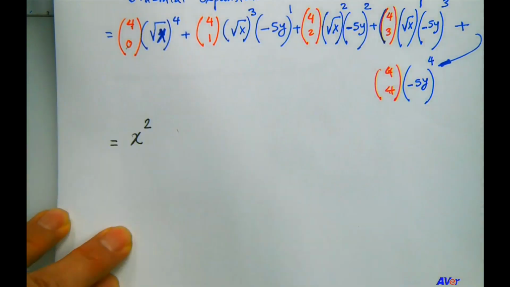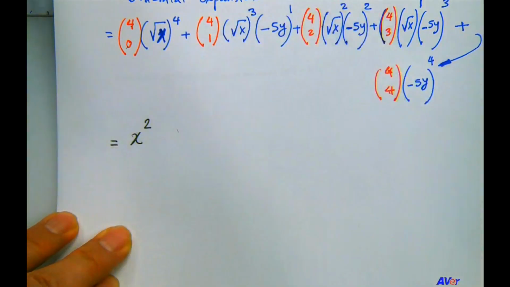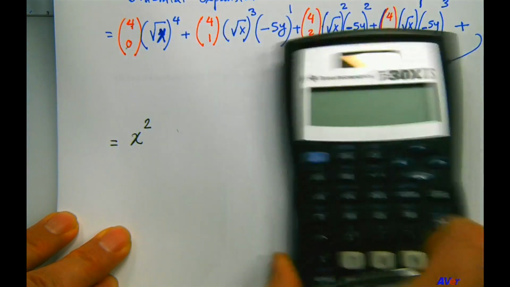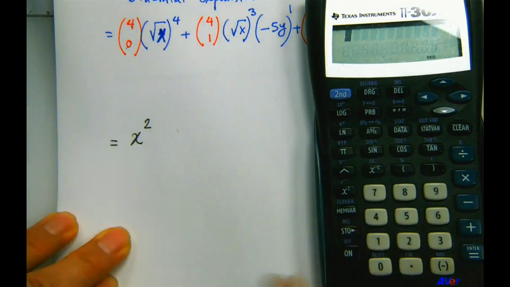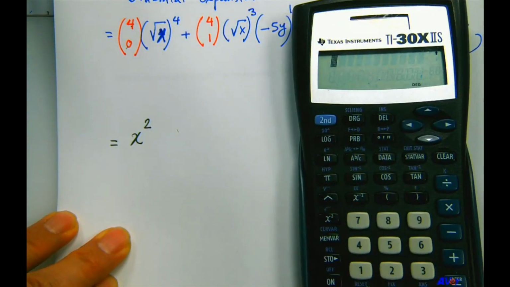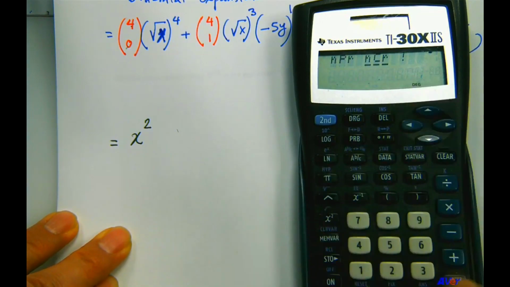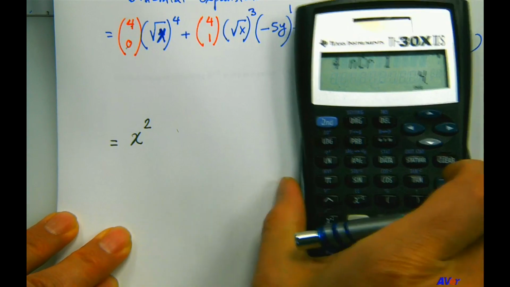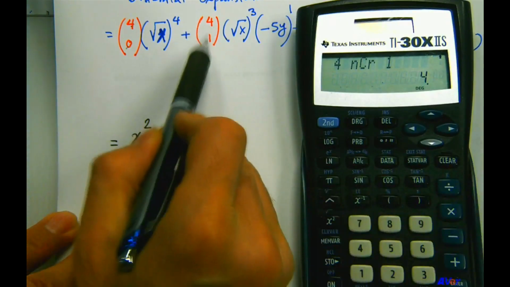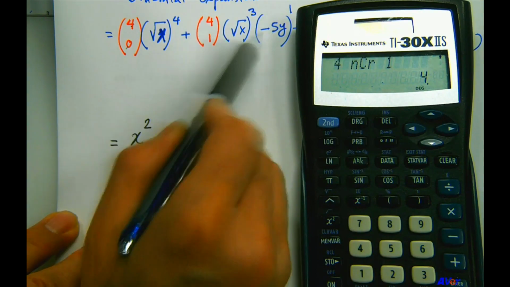So this whole thing, 1 times x squared, x squared. 4 choose 1 is 4. We can calculate it very quickly, right? So we have positive 4 coming from here. We have a negative 5 here that is being multiplied by it.